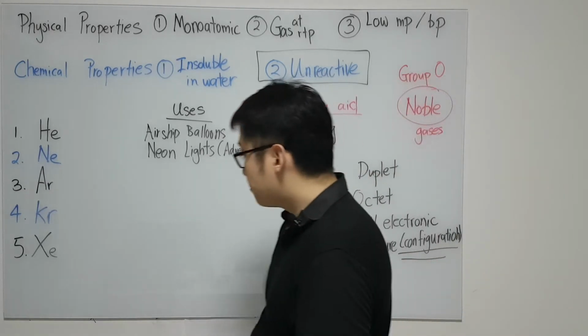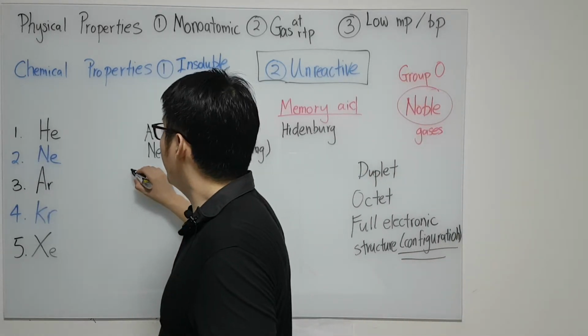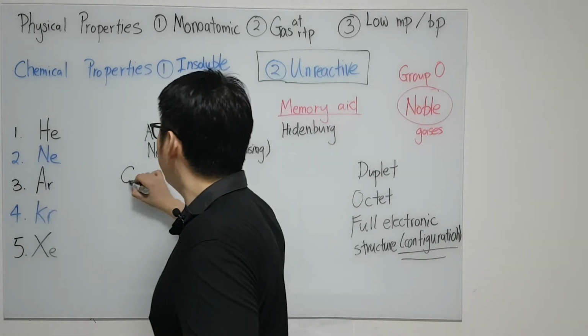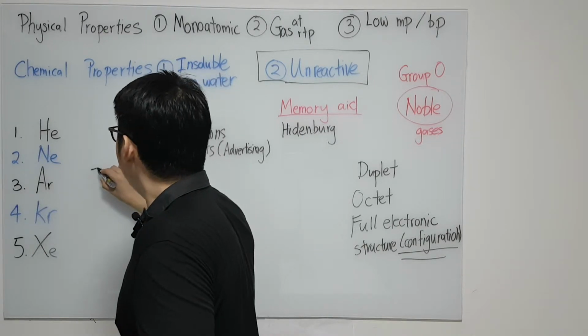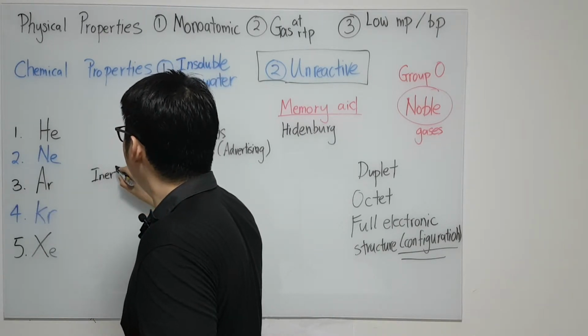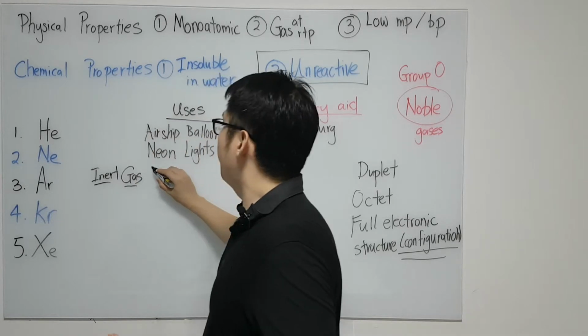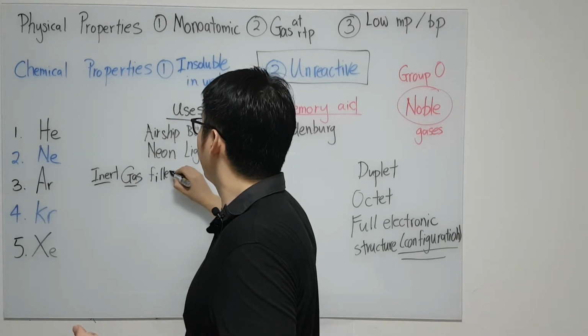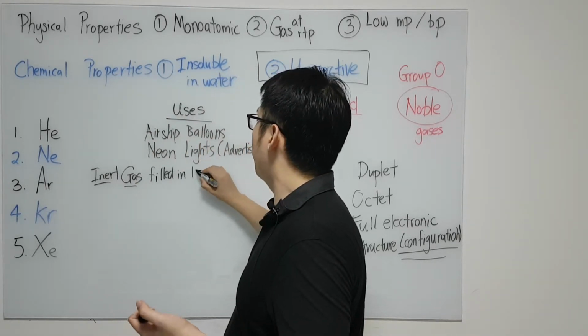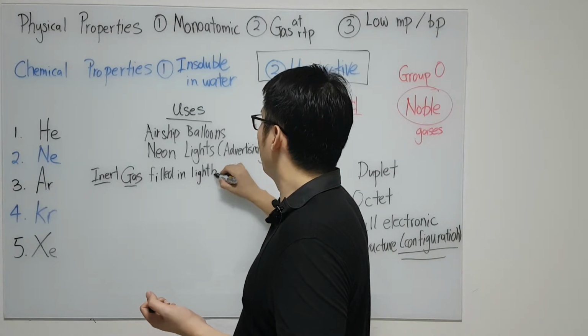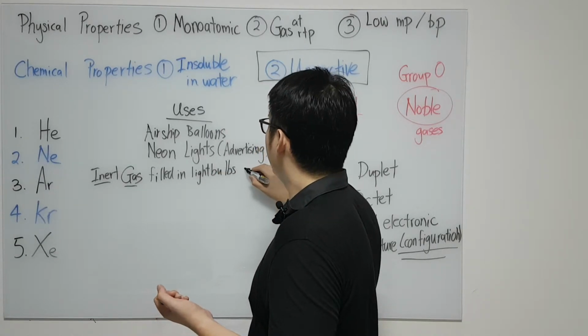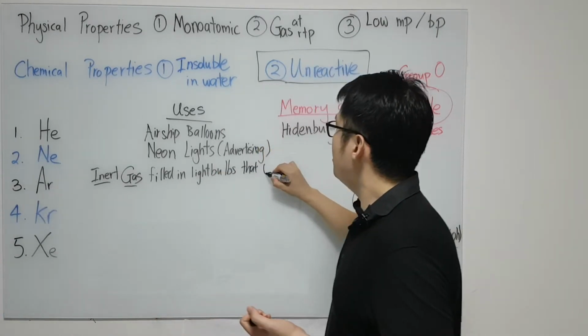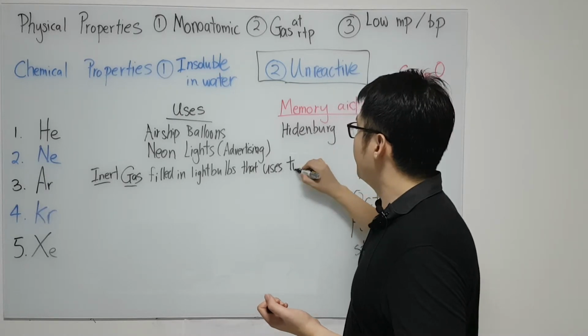Argon, okay? Argon is actually the inert gas, and inert means it's not reactive. Inert gas filled in light bulbs that use a tungsten filament.